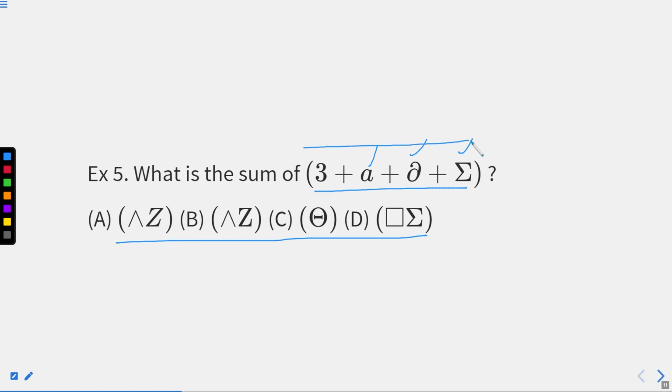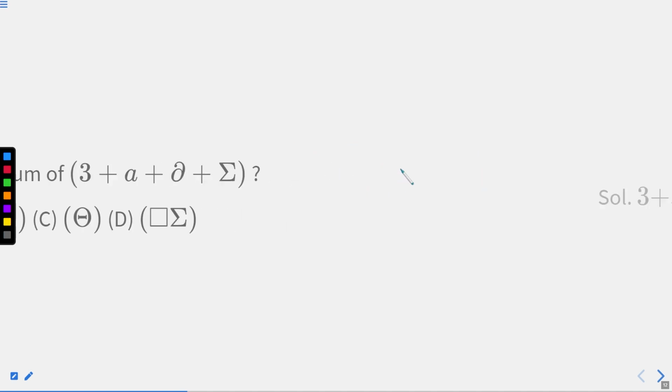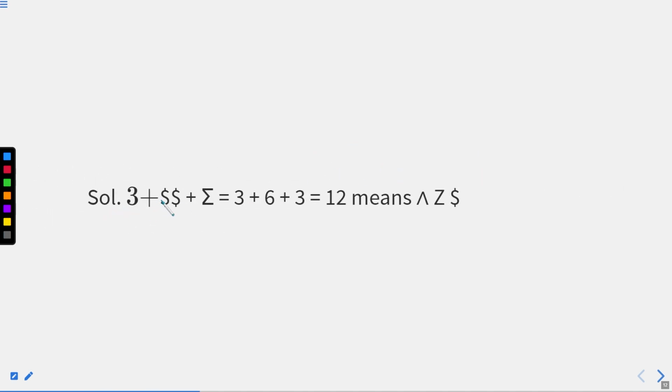Remember this expression, right? 3 plus A plus delta plus epsilon. 3 plus, here we are going to get A plus delta plus summation plus 3. This is the expression. Just make a correction here, okay? Now, in the place of 3 we have 3, and in the place of A as well, we are having 6, right?